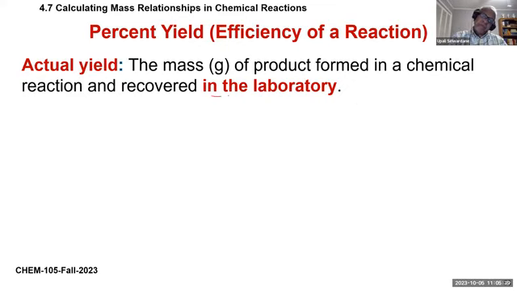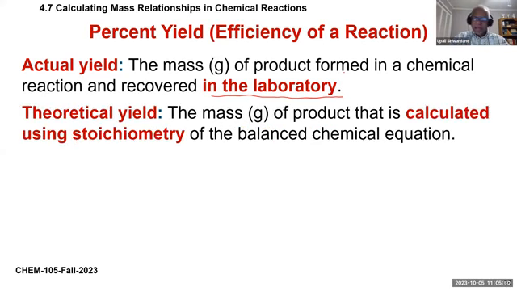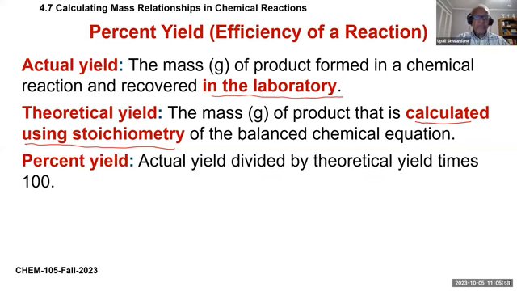Actual yield is what is obtained in a real experiment in a chemical laboratory. Theoretical yield is calculated. What we have been doing is calculating theoretical yield using the balanced equation.